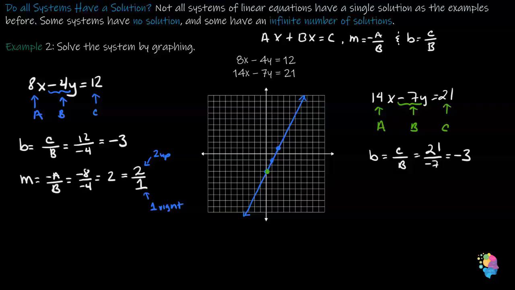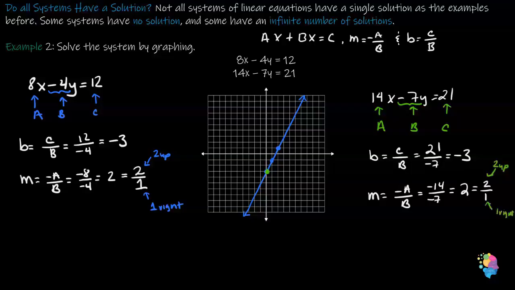Let's look for the slope then. Our slope is negative a over b. That's negative 14 over negative 7. Well, 14 divided by 7 is 2, and the negative will make it positive. And if I write that as a fraction, that is 2 over 1, that means that our rise will be 2, so I'll go 2 up, and our run will be 1, so I move 1 to the right.